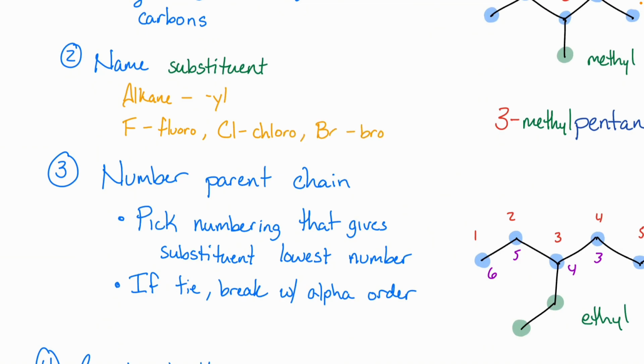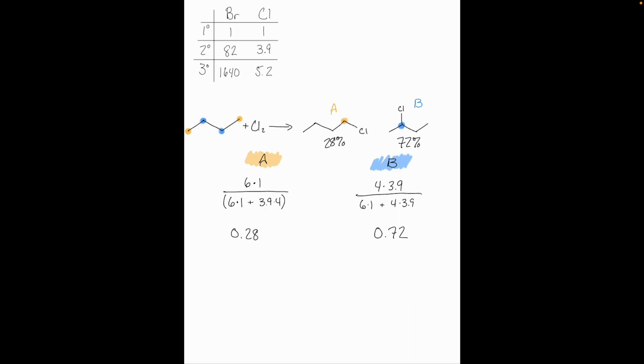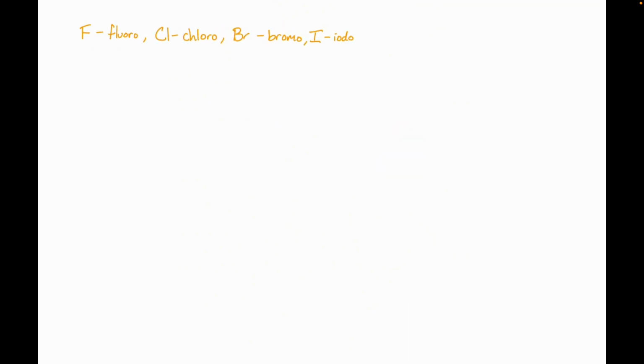Bromine is a bromo group, and iodine is an iodo group. So I'll move these on to another page here. So then how do I use this?